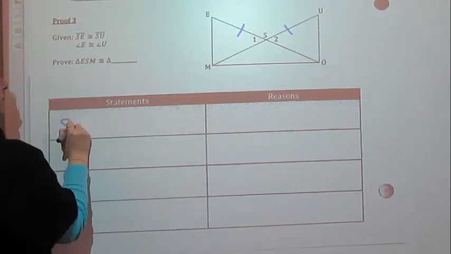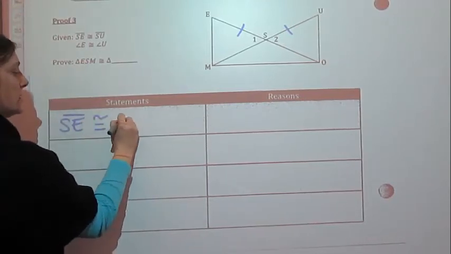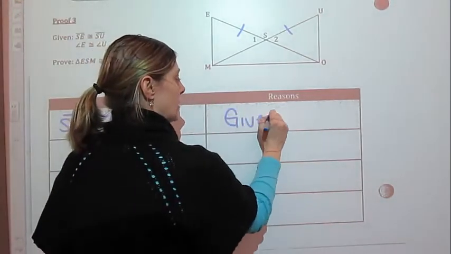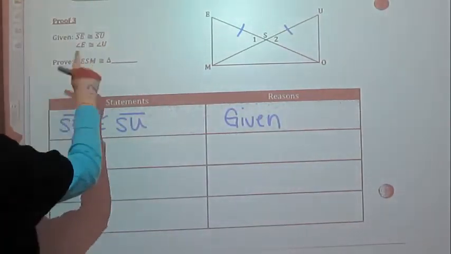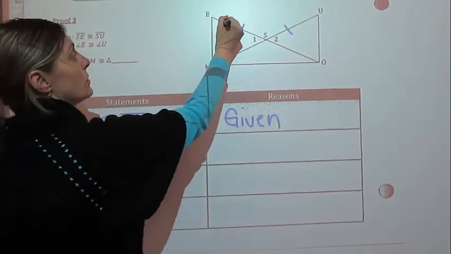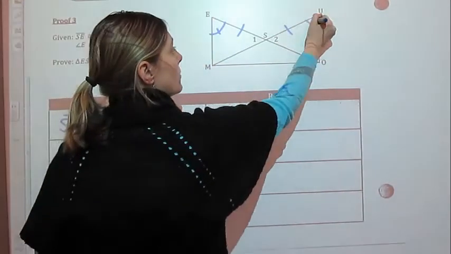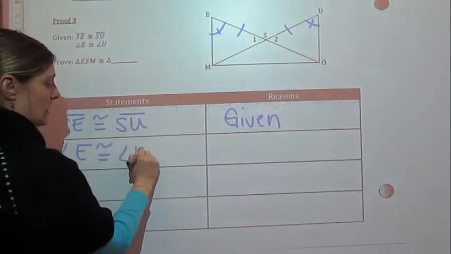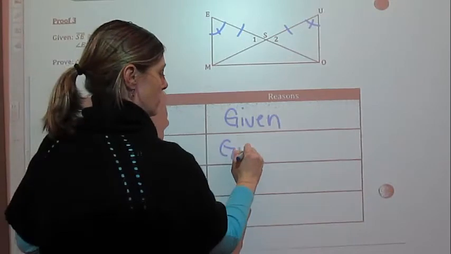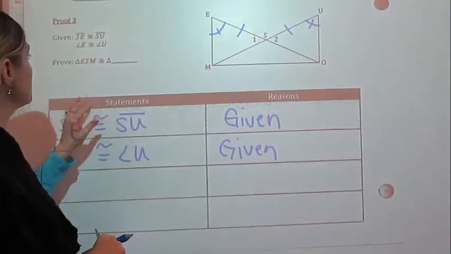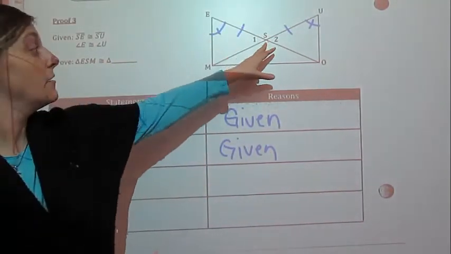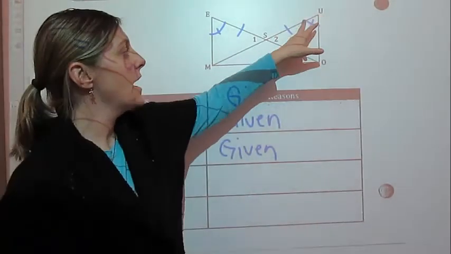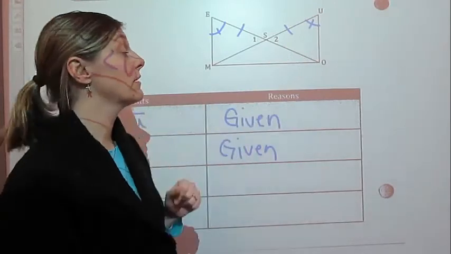So SE is congruent to SU, and again, that was given, and then angle E is congruent to angle U, and that's given. And we're trying to show that triangle ESM is congruent to some other triangle, and you can kind of see already that we're probably looking at this triangle here.